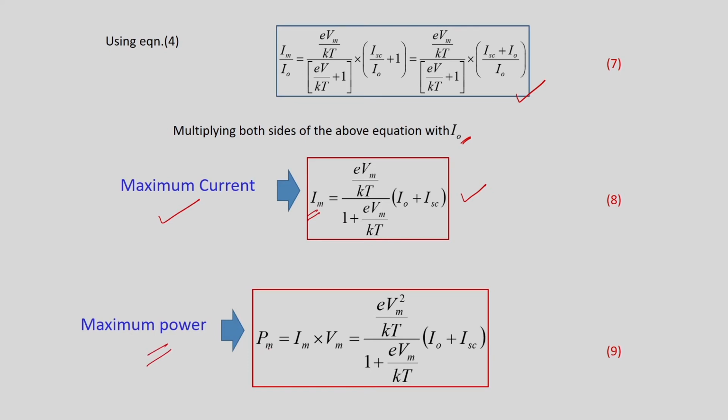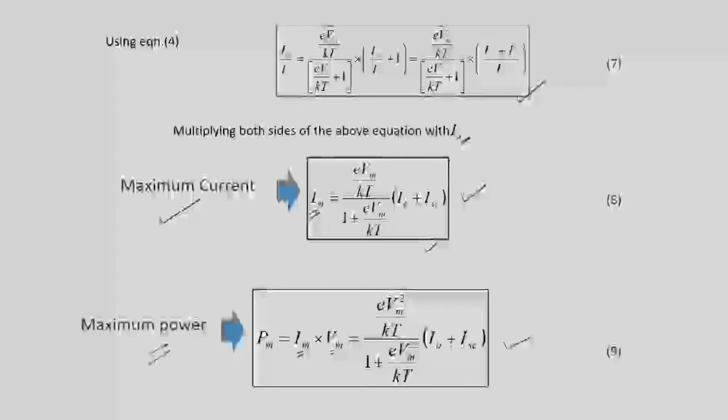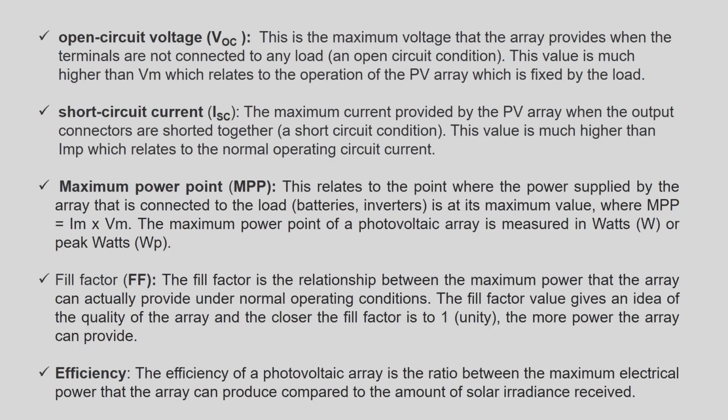Maximum power is nothing but the multiplication of Im into Vm. Im is known here and Vm we already know the expression. By using this expression, we can calculate Pm. Of course, while calculating Pm we need to do trial and error. That way we can calculate the maximum power to be delivered by a solar cell.